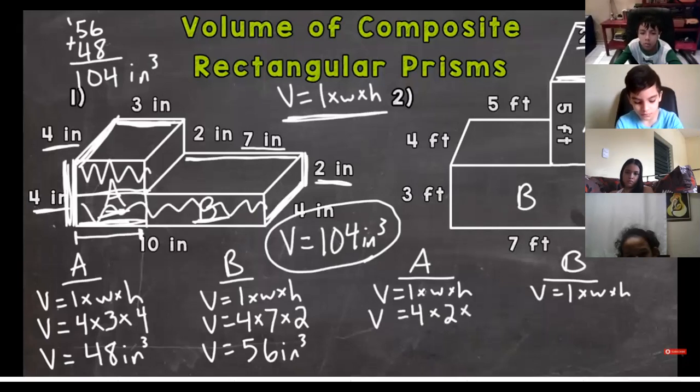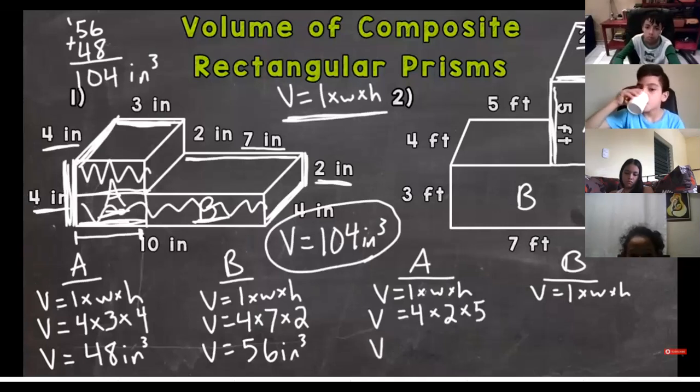And then the height, we don't want to use this 8 over here, because that's the whole height of A and B. We just want A, which is going to be this 5 feet here. So we get 4 times 2 is 8 times 5 is 40 cubic feet.